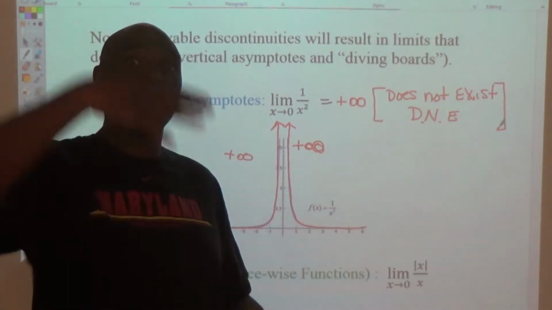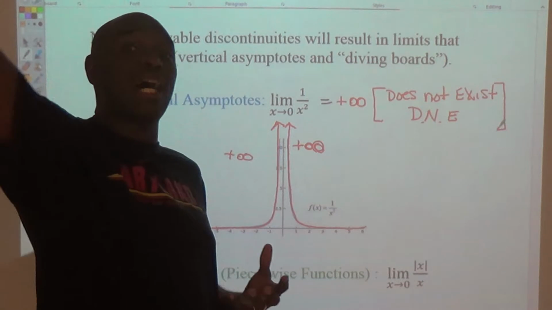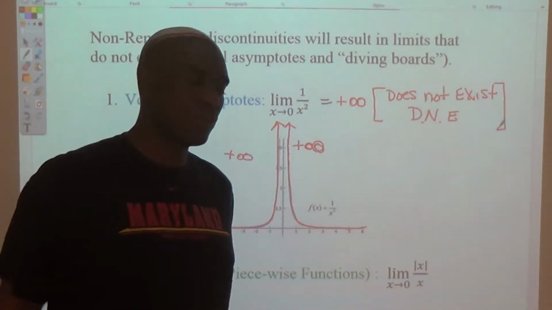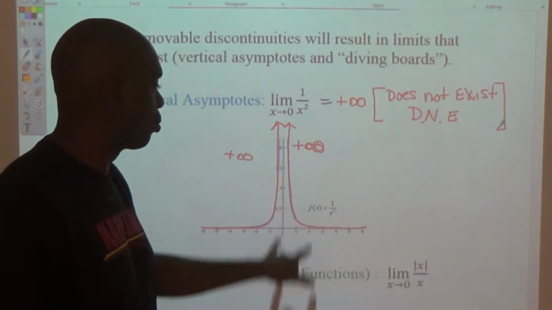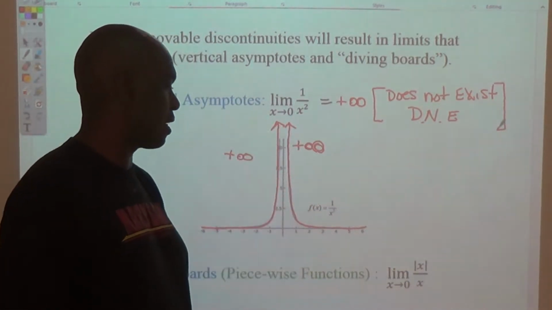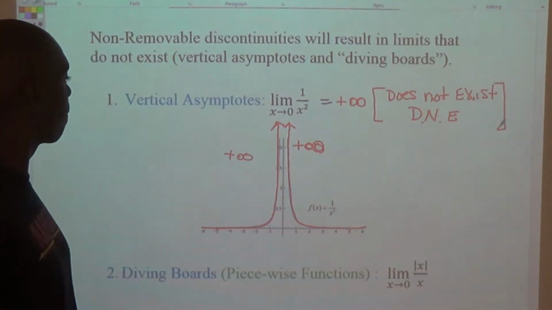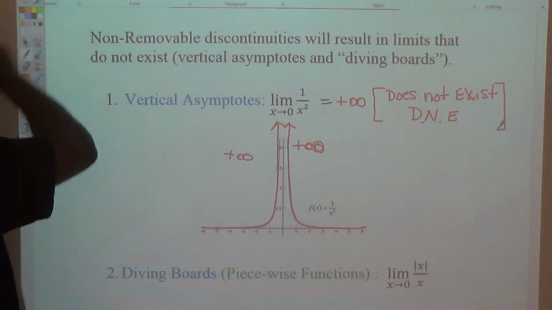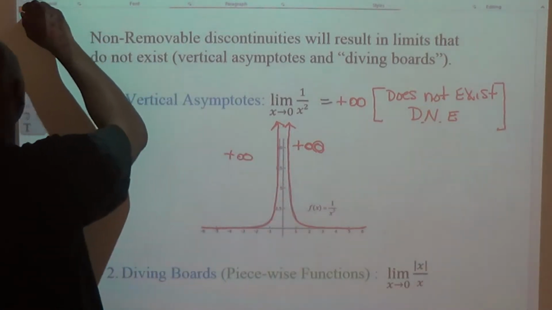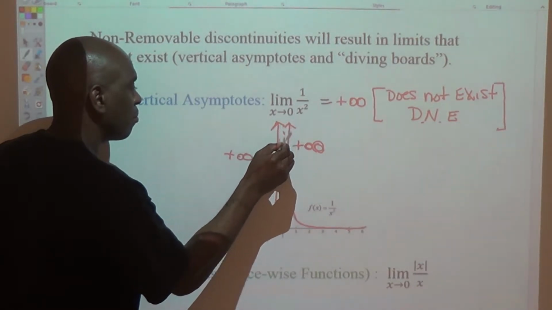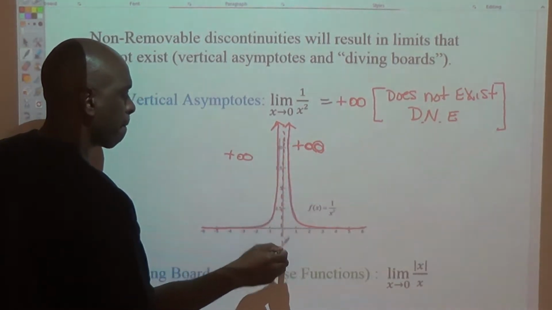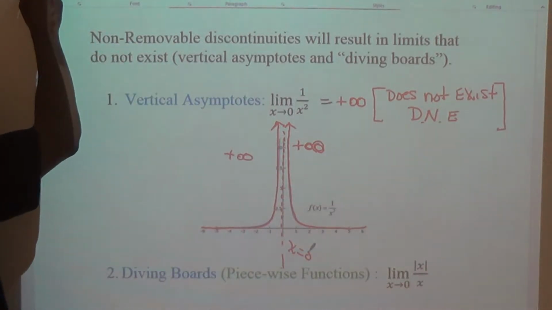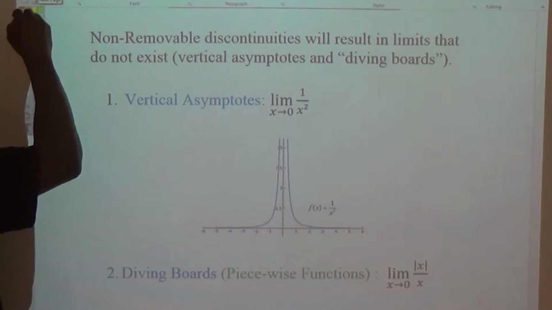There are so many values going out toward infinity, wherever that may be. You just can't bound it. It goes toward positive infinity from the left side and from the right side. So that's our vertical asymptote problem. We have a vertical asymptote at x equals 0. All right, let's move on.